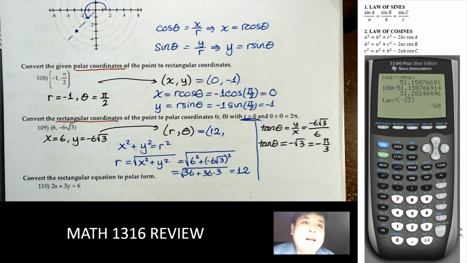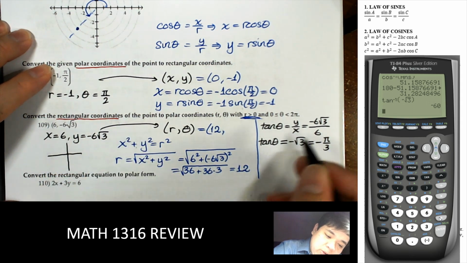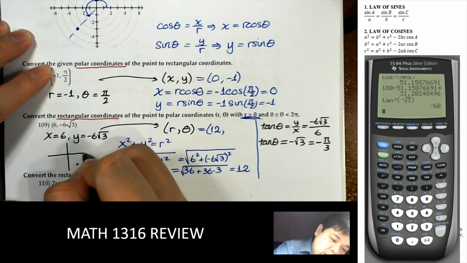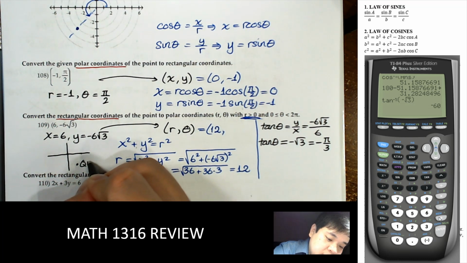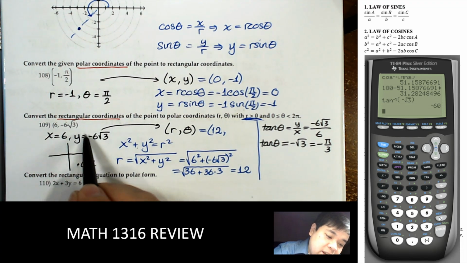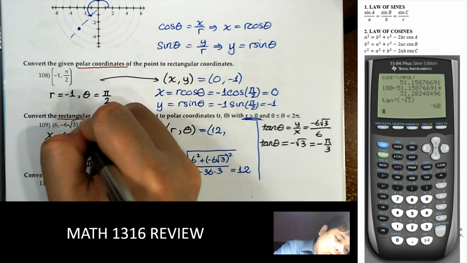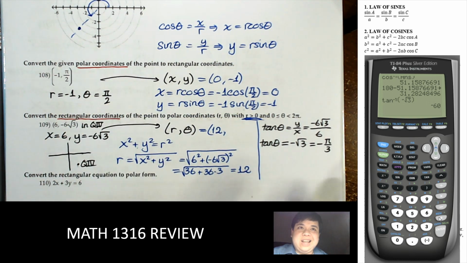Right. Is that the right answer though? Let's check. Negative pi over 3 looks like the 4th quadrant. So do we have the 4th quadrant? Because x is positive and y is negative. Yes, so this point is in quadrant 4. And we have the answer in quadrant 4, so this answer is good.